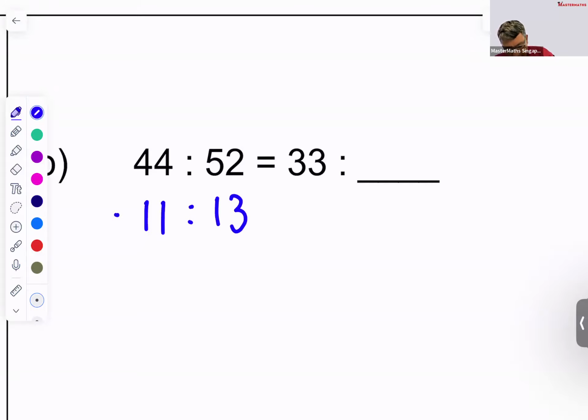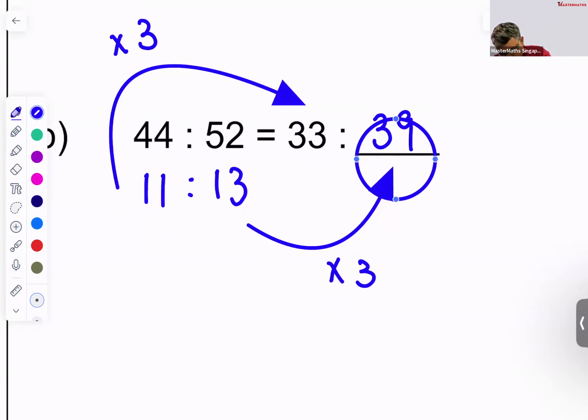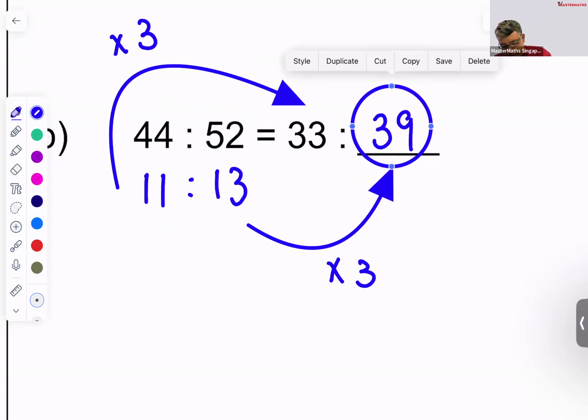Okay. So 11 times 3, you get 33. Am I correct? So this one I'm going to times 3 as well. What is 13 times 3? So the answer is 39. Got it? 39 is the answer.